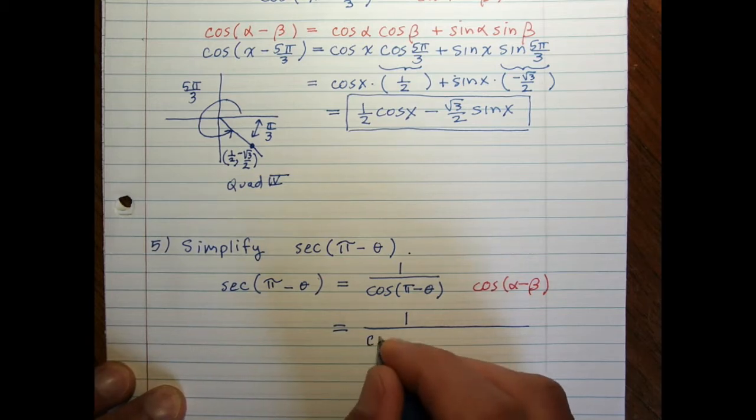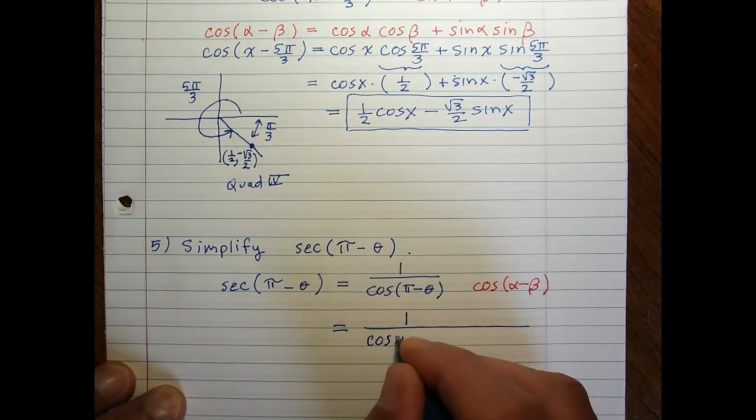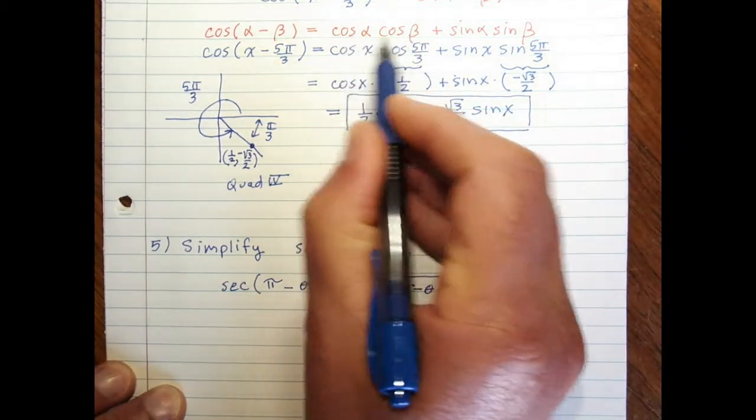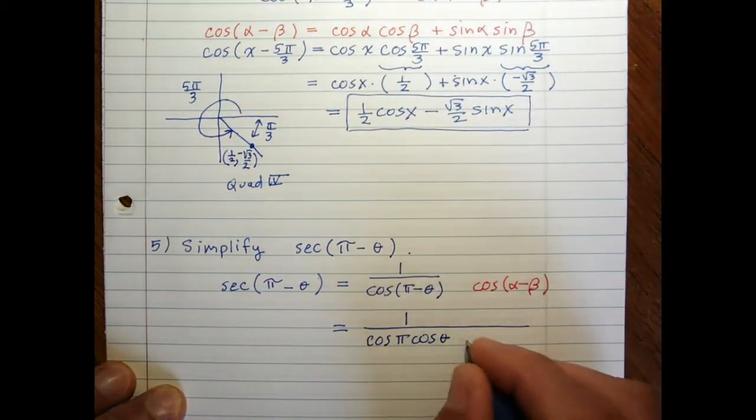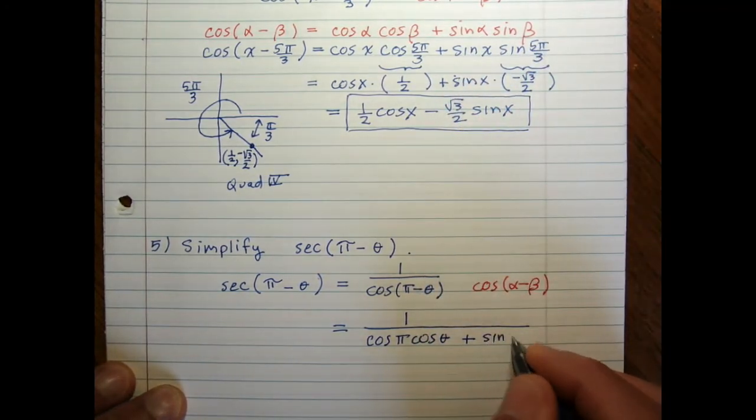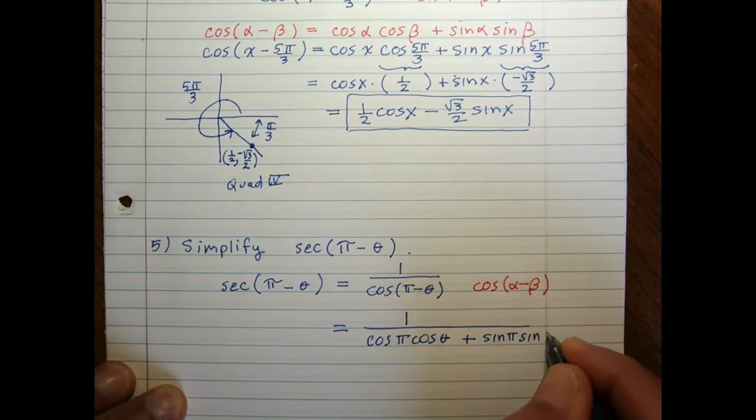So I write cosine pi cosine theta, copying the first 2 terms here, plus the product of the 2 signs, right? Sine pi sine theta.